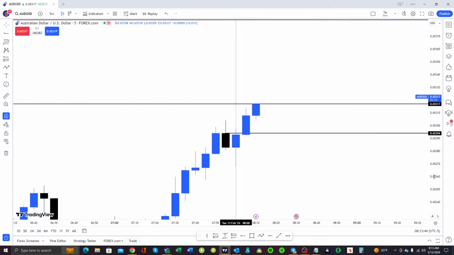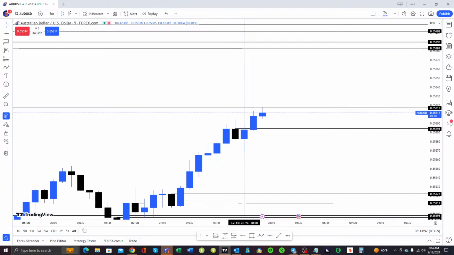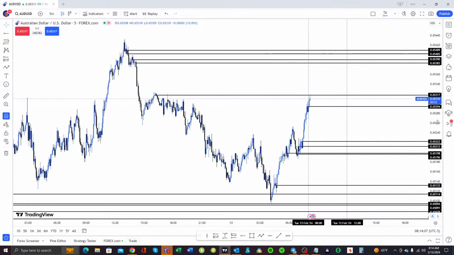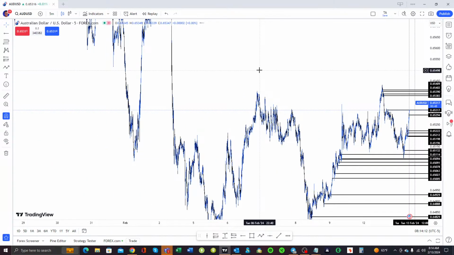Can be kind of hard to see sometimes. Got 1 minute until possible entry, and then 15 minutes until the news releases. Just want to make sure too. You can see we've got clear supply and demand zones marked out.